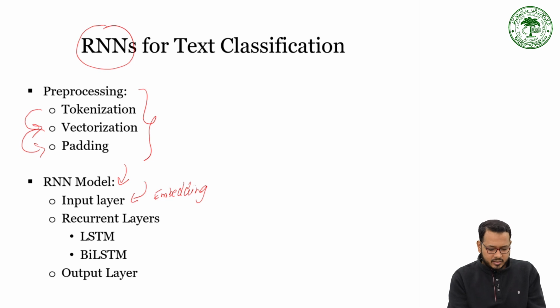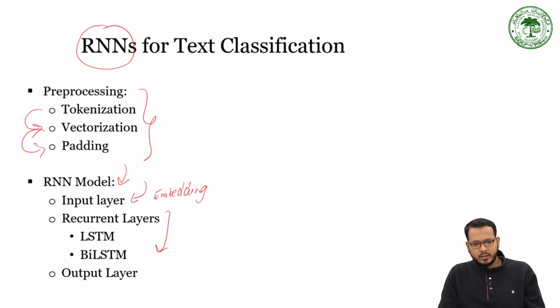Then we add some recurrent layers like LSTM, and there are other types of recurrent layers also. They are more advanced in nature, and they have removed some of the shortcomings of the traditional recurrent layers. Finally, we have the output layer where the final predictions are made. So this is the process of carrying out the text classification task by using the traditional approach as well as the deep learning based approach.